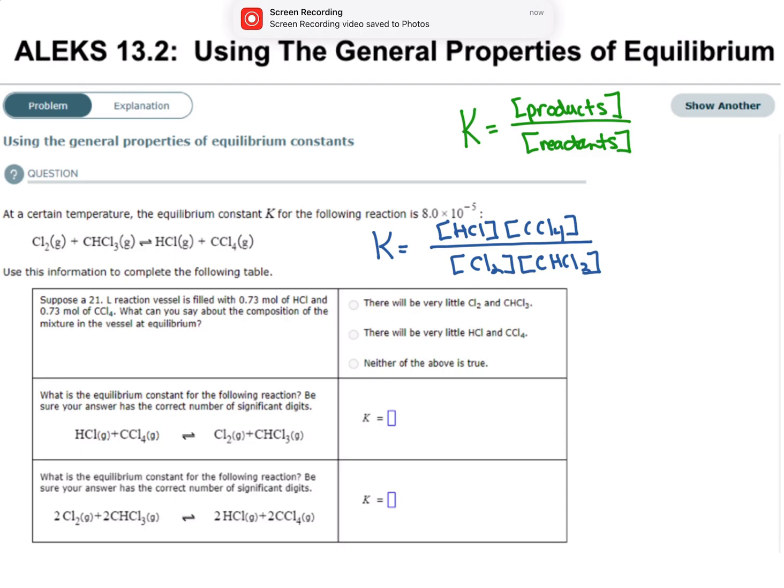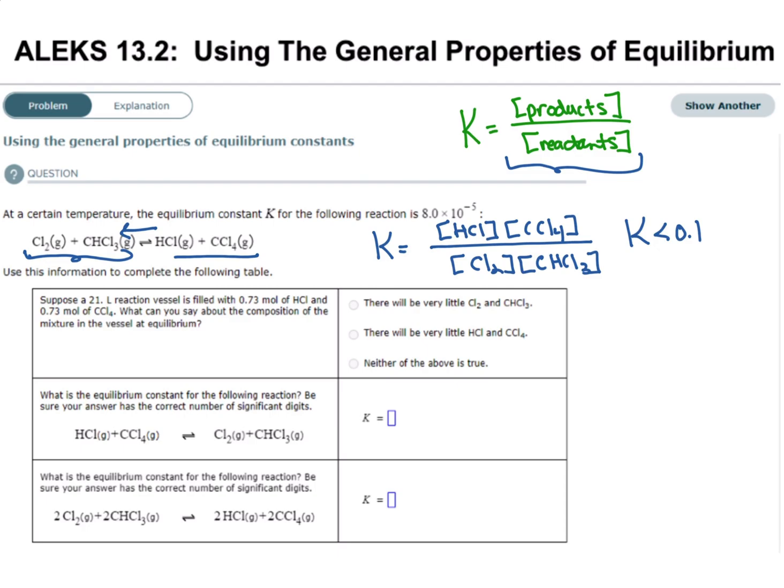So if K is less than 0.1, that would suggest that the denominator is a large number mathematically, and that the equilibrium will favor the reactant side. So if it favors the reactant side, it will make less of the product side. So it would make more reactants and less products.